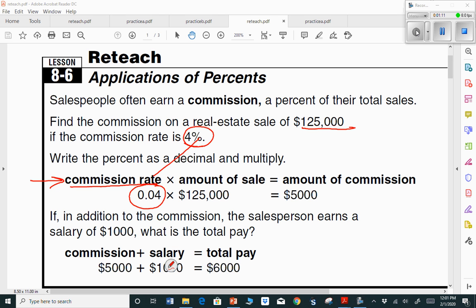So 0.04 times the amount of the sale, which was this $125,000 right here, and you just put that in your calculator, and 0.04 times $125,000 works out to $5,000. So the real estate agent got $5,000 for having worked to sell that house.